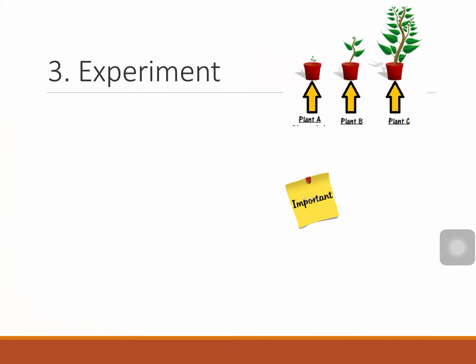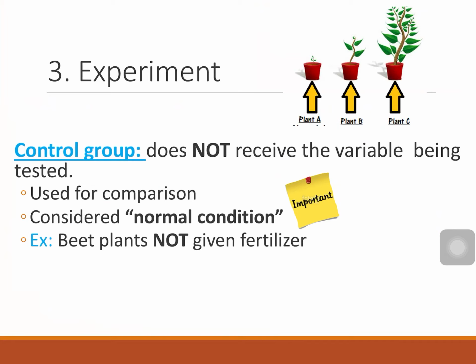Some more important parts of an experiment. We have a control group. It's different than a control variable. Whenever you see this word group, we're talking about the individuals. A control group does not receive the variable being tested. It's just going to be used for comparison and it's going to get the normal conditions.